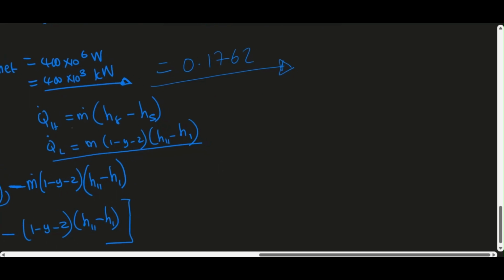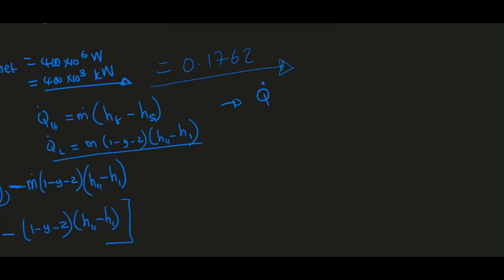Per unit mass simply means this: Q dot over M dot gives you Q, which is equal to Qn minus Q5, and this gives you kilojoules per kilogram, that is per unit mass. You can do the same for the condenser.